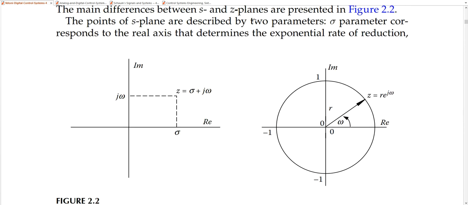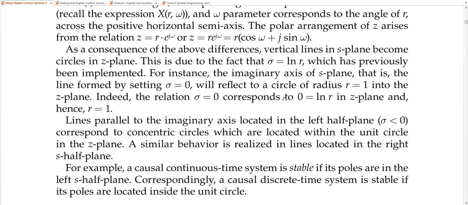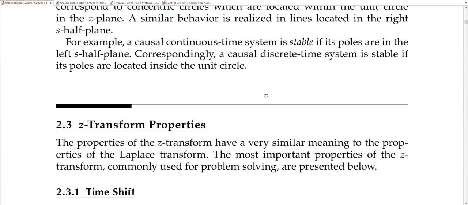So the angle is your omega, and the length from here to here is r. Alright. So that's the background of a Z transform.